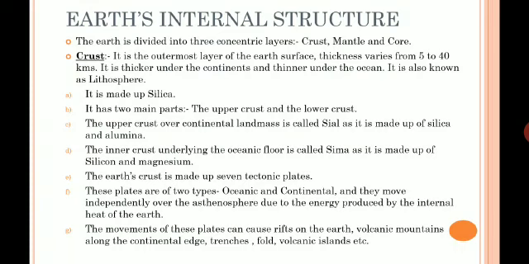The earth's crust is made up of seven tectonic plates, and these plates are of two types: oceanic and continental. They can move independently, or move freely, because they have energy produced by the internal heat of the earth.